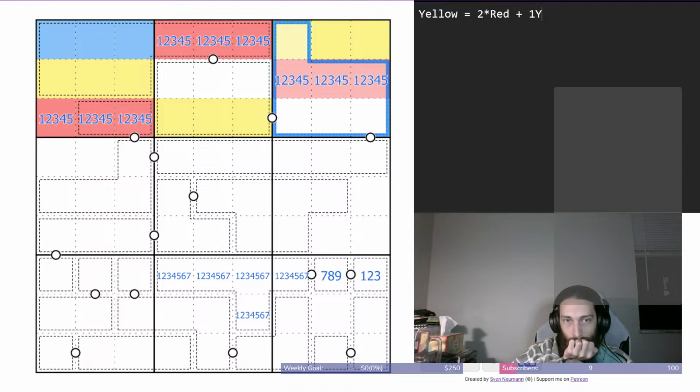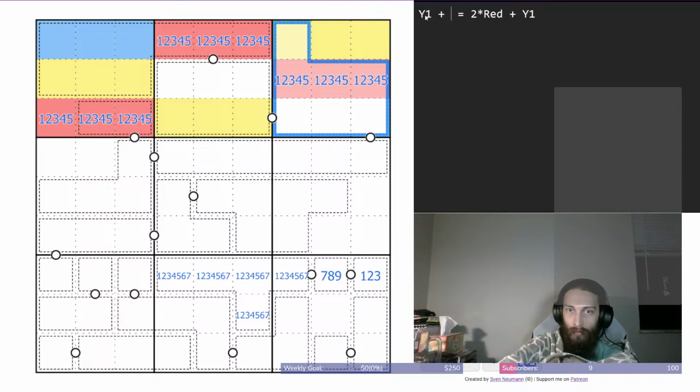Because if yellow, which is all 3, y1, y2, y3, is equal to 2 red plus y1, we can just call that 1, 2, and 3.